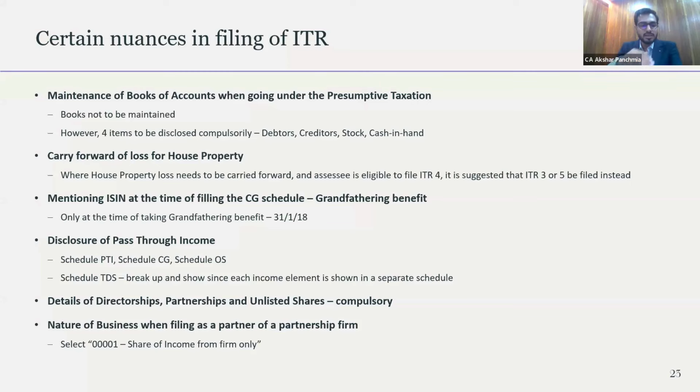Till the previous years, this particular option was not available, which is now available. So instead of selecting what business the partnership firm is doing, you can select why you are receiving a particular business income, and you are receiving this business income only because it is a share of income from a firm. Therefore, you select this particular option which I have mentioned over here, that is 00001 share of income from firm only.